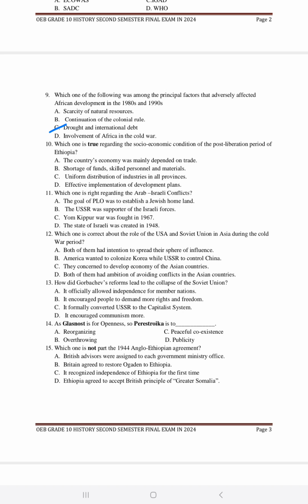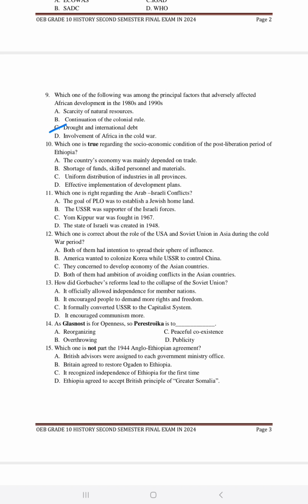No. So C is the correct answer. International debt from the IMF and the World Bank affected African development. Why? Because of adverse trade that also affected the African economy. They export at low cost and import at high cost.